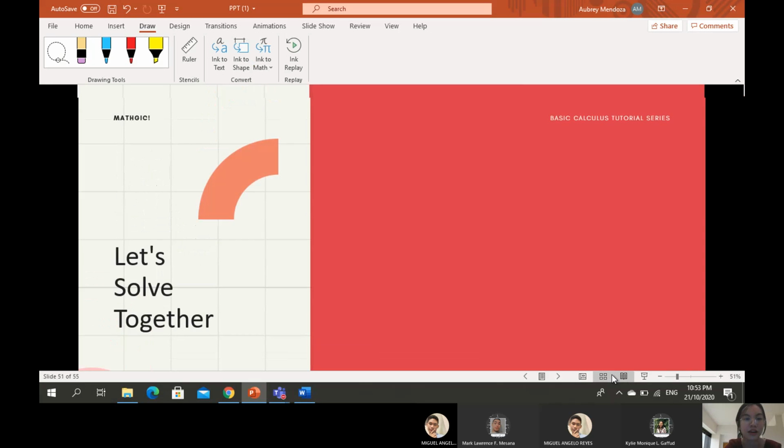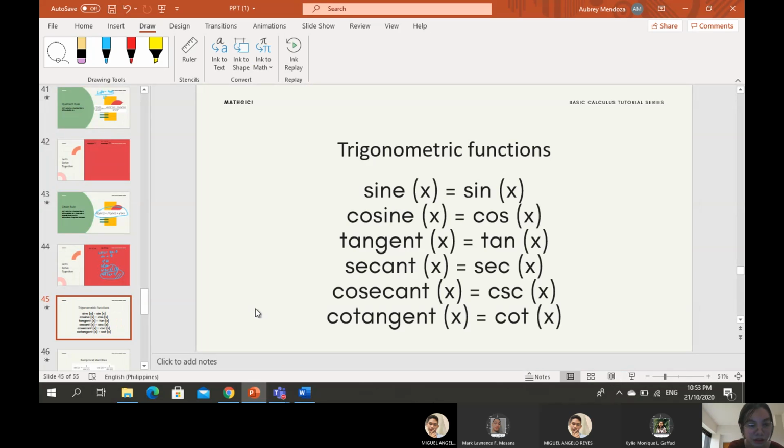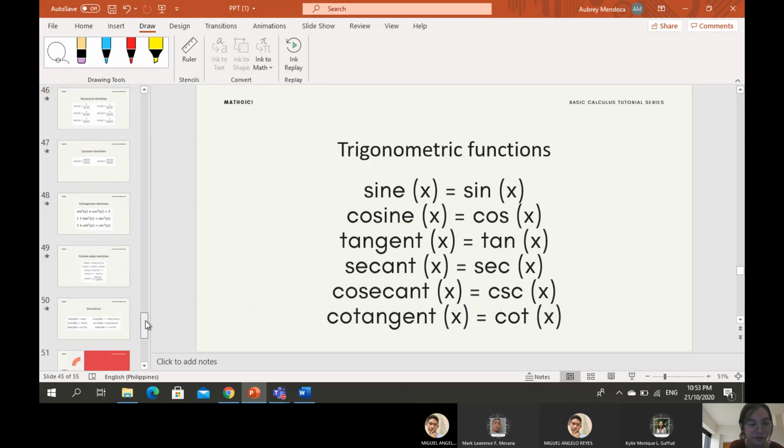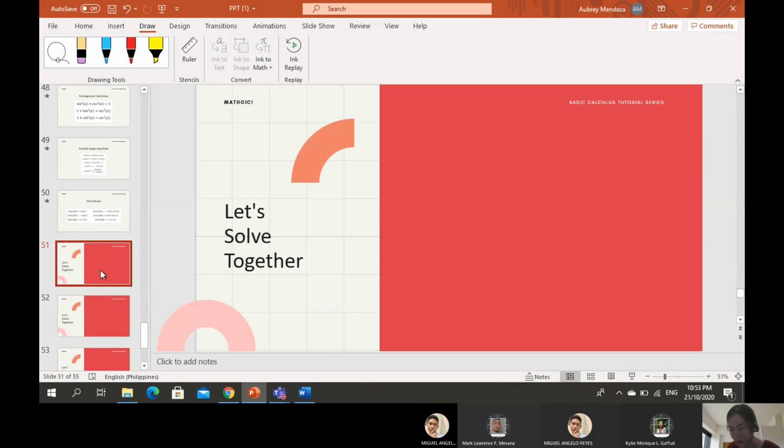So yeah, let's have an example. So let's say we have here sine of 6x.